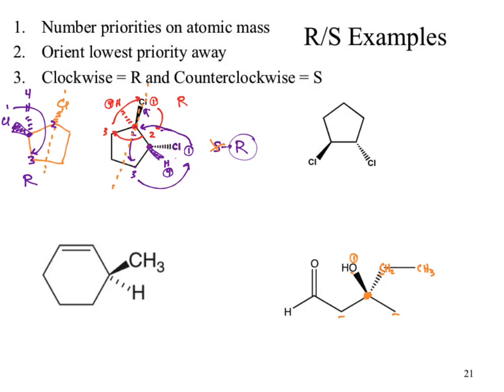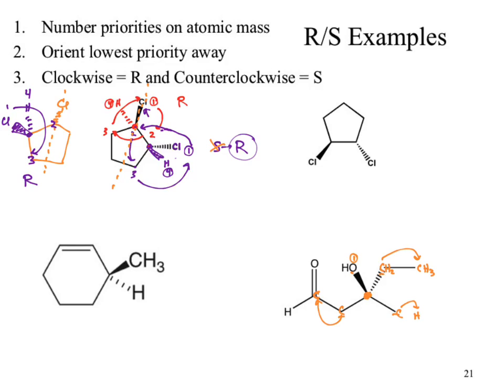If we now go through and look carbon versus carbon versus carbon, there isn't a difference. So we go out from them to the next highest priority atom. For that top one, we would go out to a carbon. For the bottom one, where do we go? To a hydrogen. For the last one, we go out to another carbon.